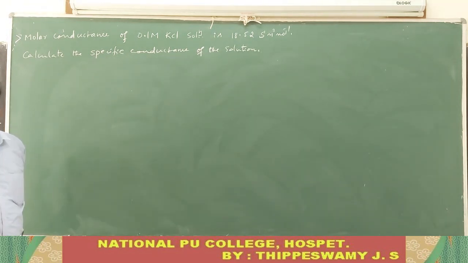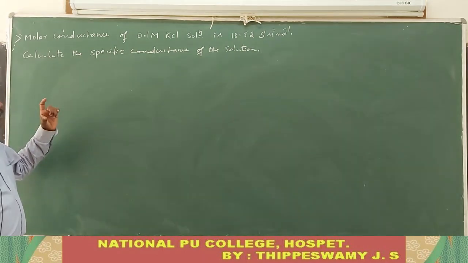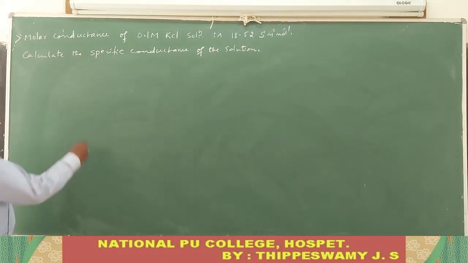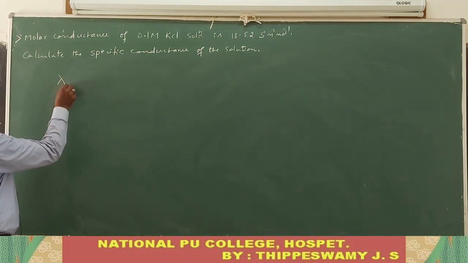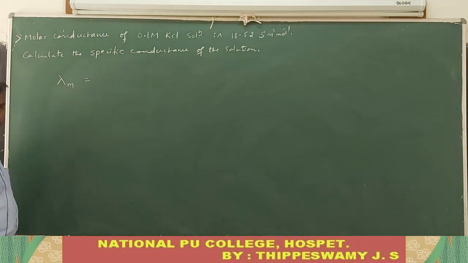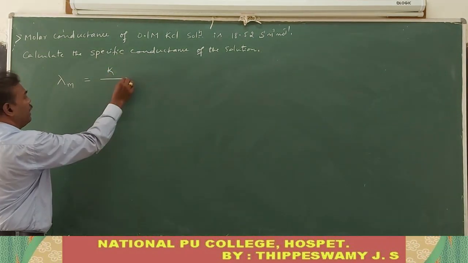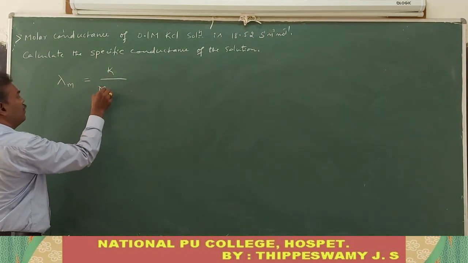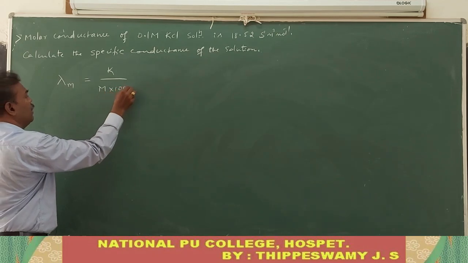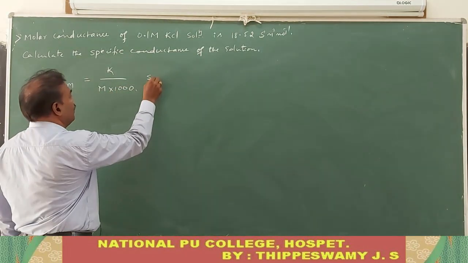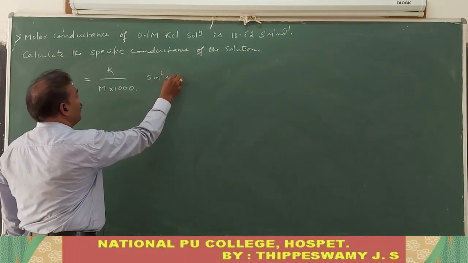So first of all we have to find the formula. What is the relationship between specific conductance and molar conductance? Here molar conductance is given by the relation lambda m is equal to K divided by M into 1000, in Siemens meter square per mole.